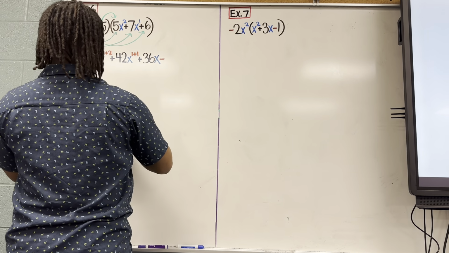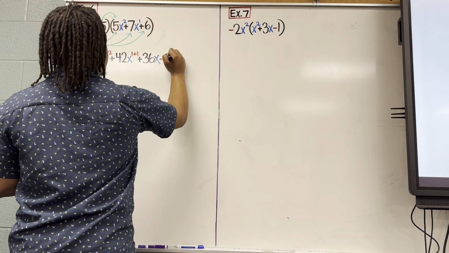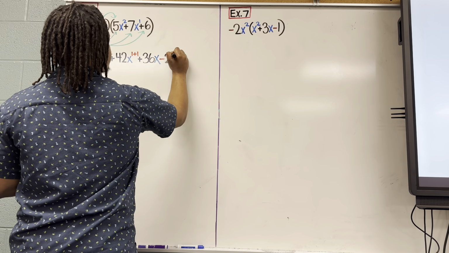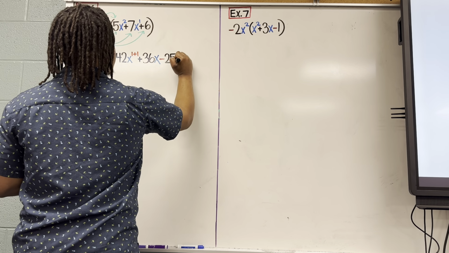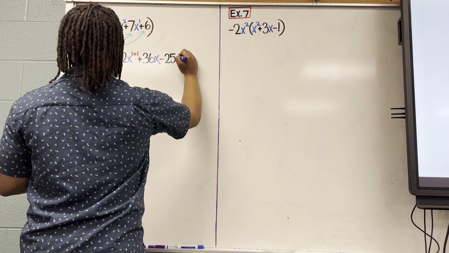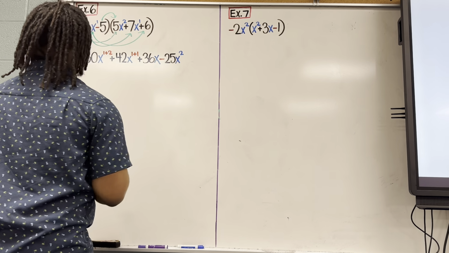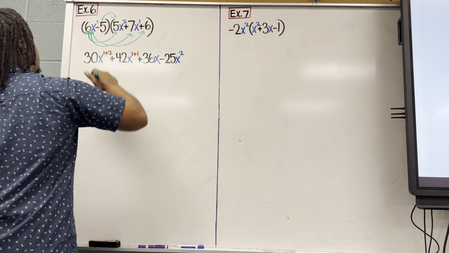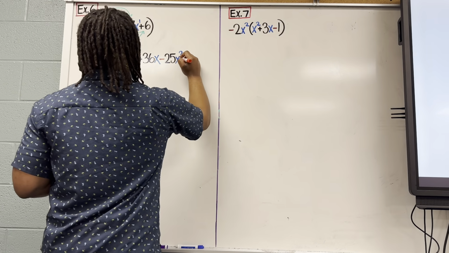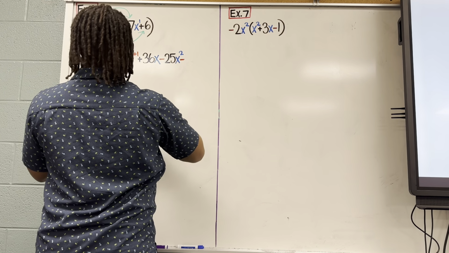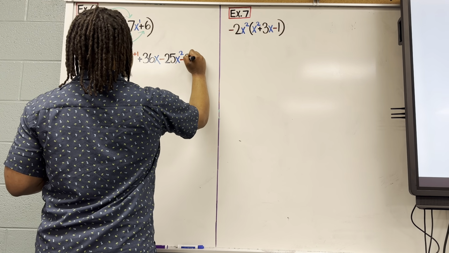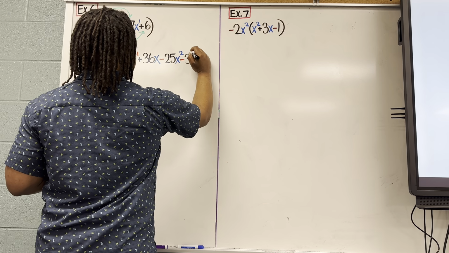So I'm gonna put minus 25x squared. Okay, same thing right here. -5 times 7x is going to be -35x.